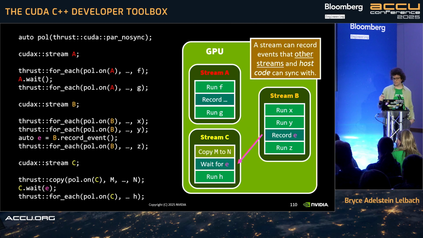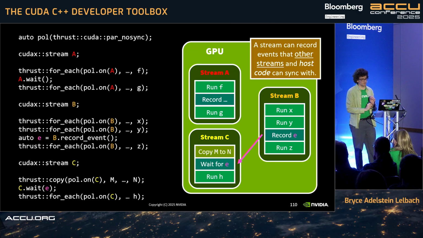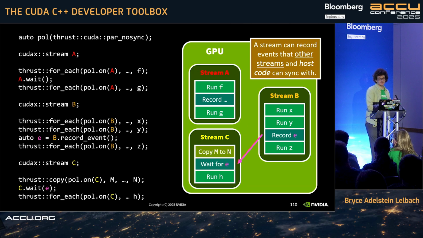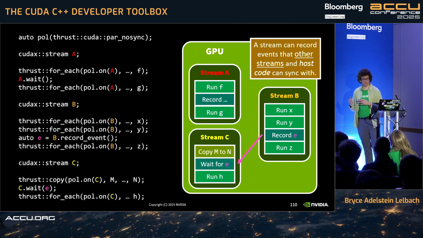So streams can wait upon other streams through events. You can explicitly record an event on one stream with the record event method, and then you can have another stream wait for that event by calling the overload of wait on a stream that takes an event. So note that the host will not block on the event when you call this particular overload of wait.